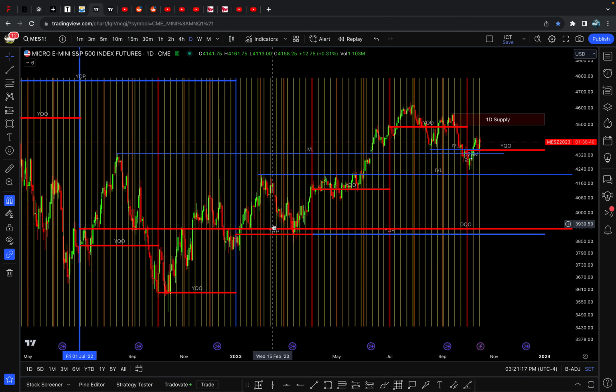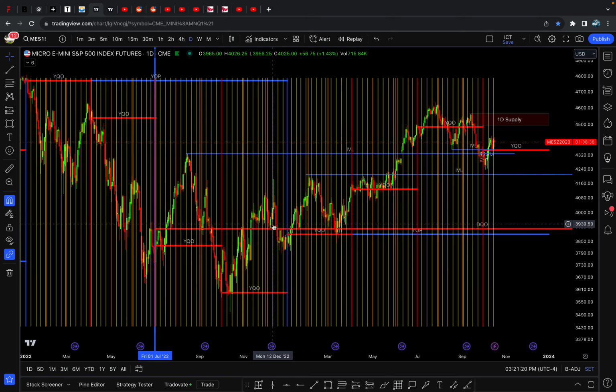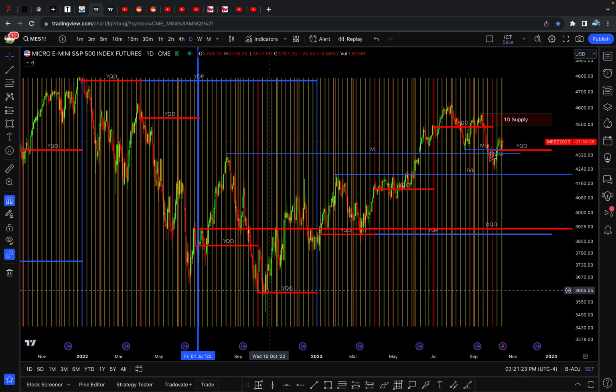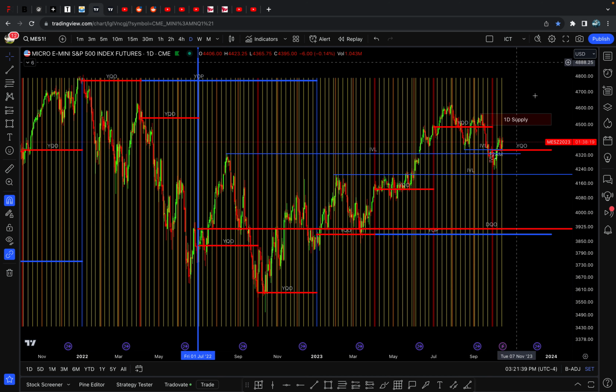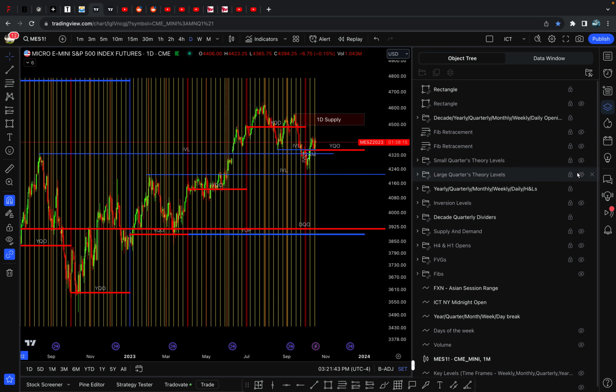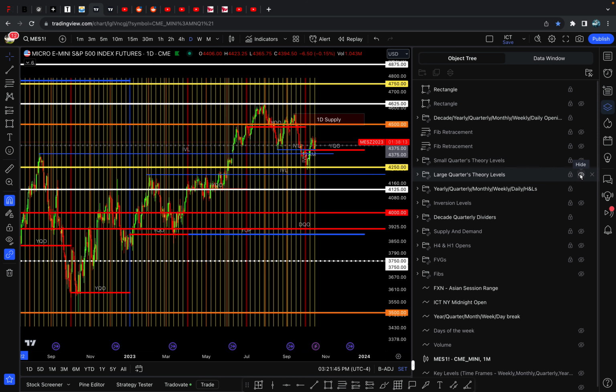But these highs and lows can be very, like I said, obviously they're clearly defined, but they can be ambiguous. They can be confusing, and that is the reason why I really like using quarters theory levels.